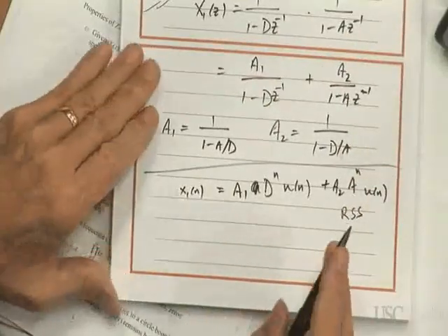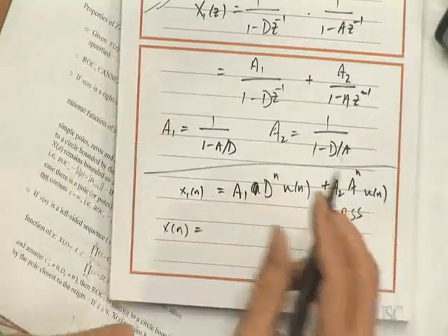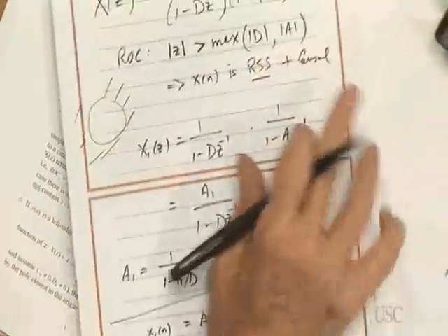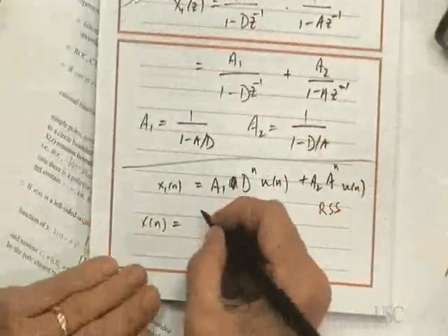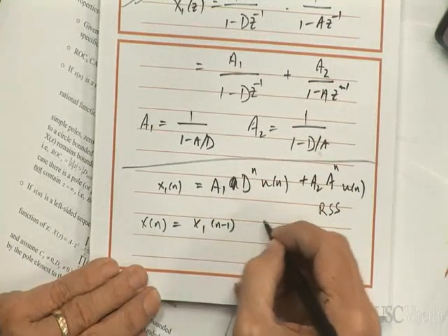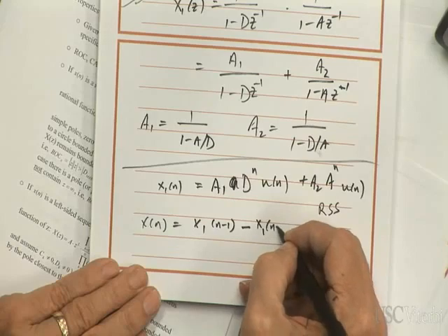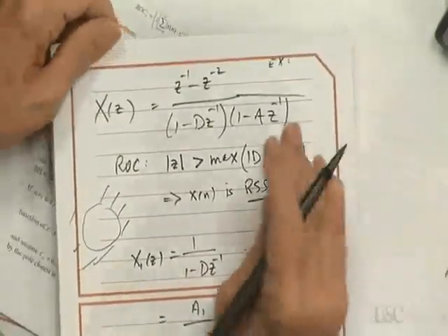So by the shift property, I know that x of n is equal to Z inverse times X1 of z. That's just going to be x1 of n minus 1. So this is going to be x1 of n minus 1 minus x1 of n minus 2.